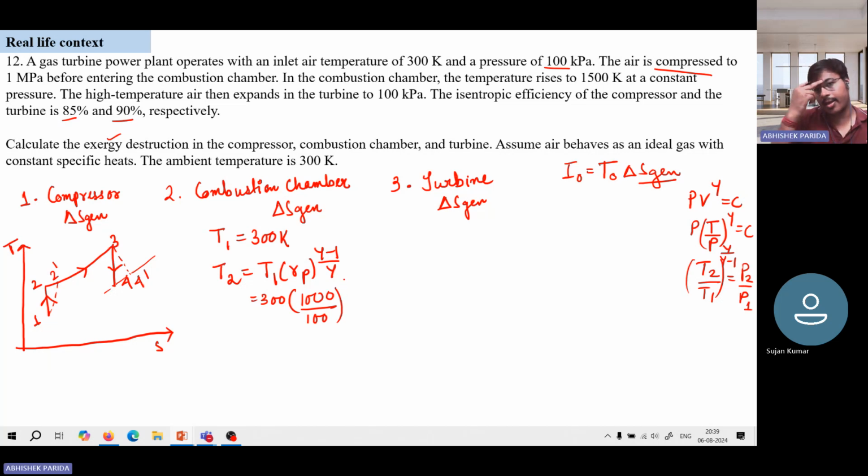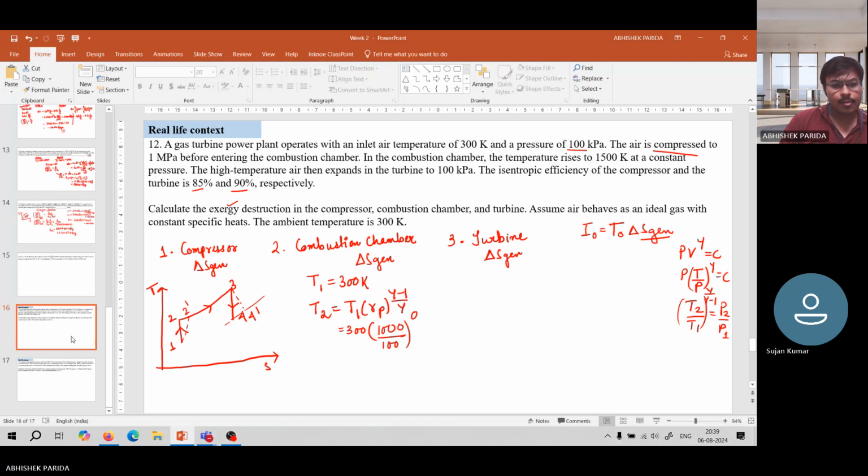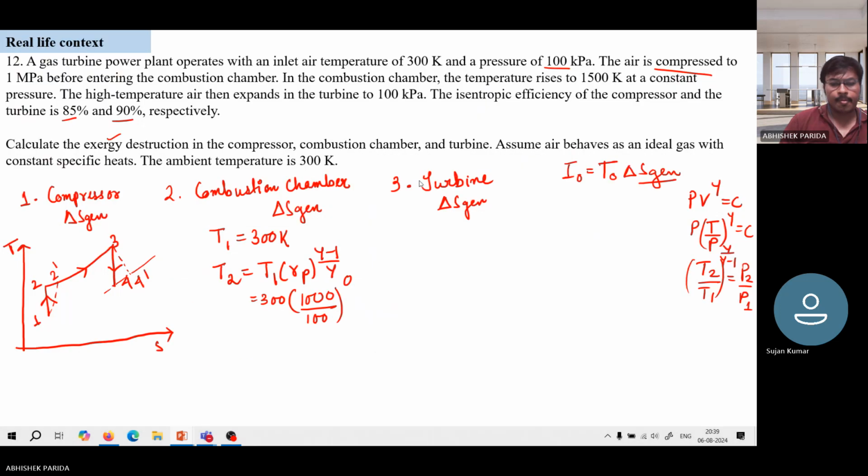Assuming air is an ideal gas, it is a diatomic gas, so gamma is equal to 1.4. Gamma minus 1 is 0.4, so the exponent is 0.4 by 1.4. Calculate how much you are getting as T2. 1118.2. Okay, let me check.